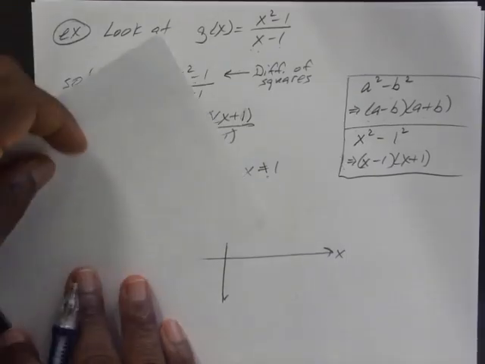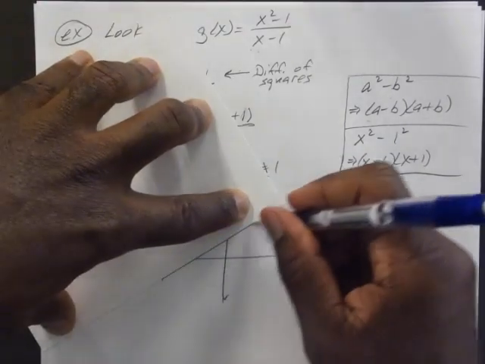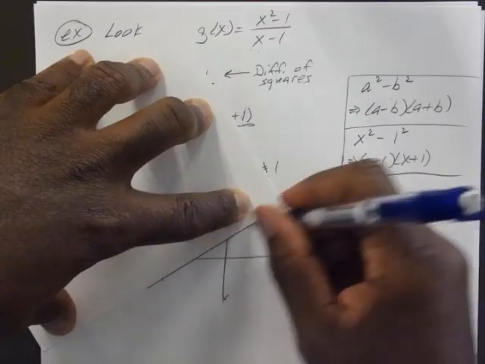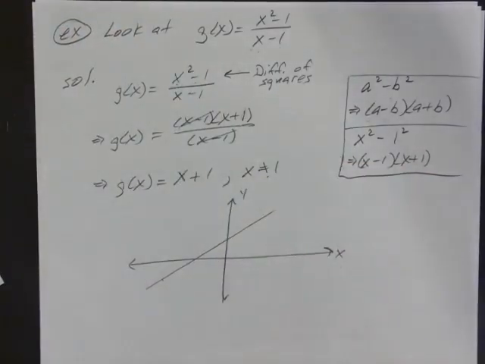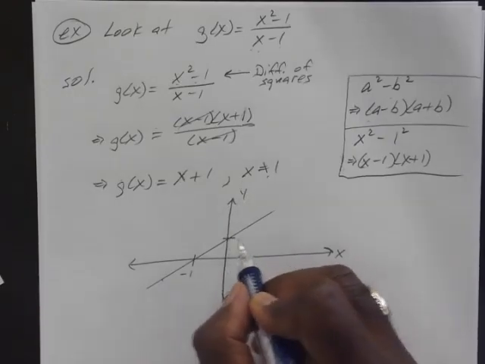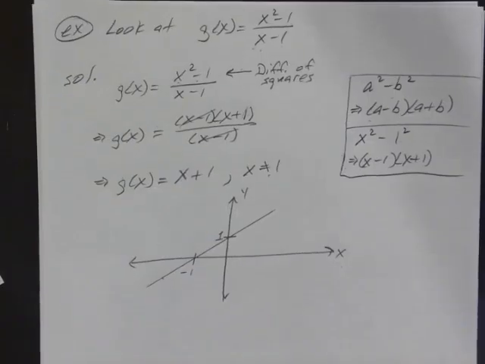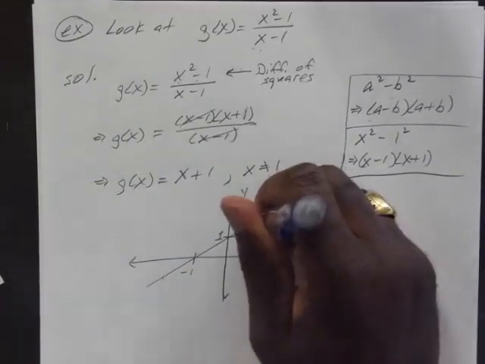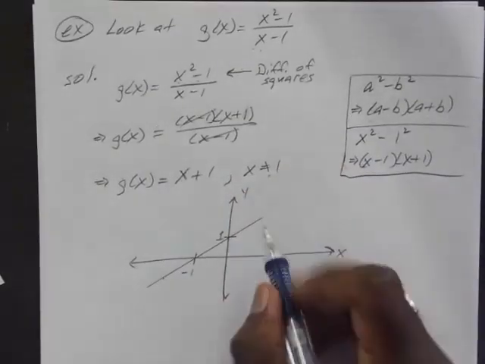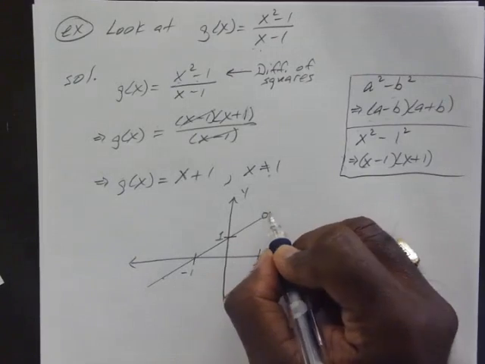If we were to graph this, it would look somewhat like this, where it would intersect negative 1 on the x-axis and positive 1 on the y-axis. And right where, I'll just put it right here, x is equal to 1, it will be undefined.